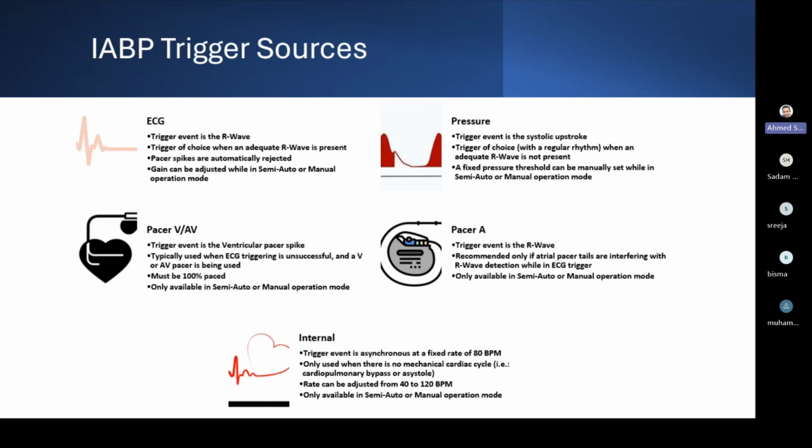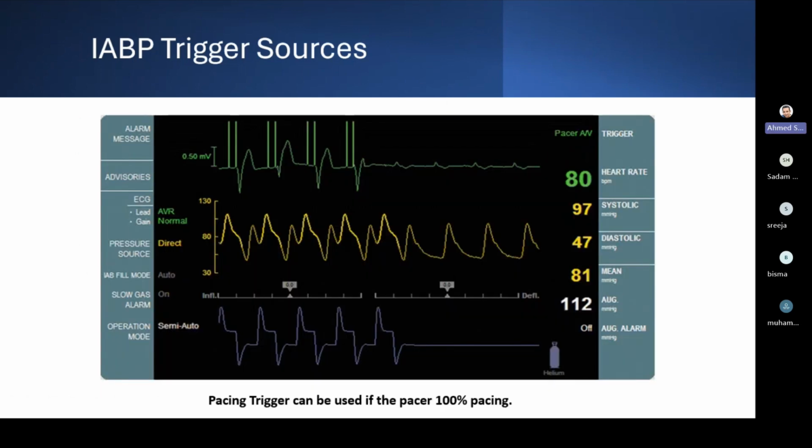So the internal mode is simulating the ECG, for those patients on cardiopulmonary bypass, because they are having cardioplegia during the run of the cardiopulmonary bypass, and those patients who are having asystole, so you can put them in the internal mode, and the machine will simulate an ECG and will start the inflation and the deflation of the balloon.